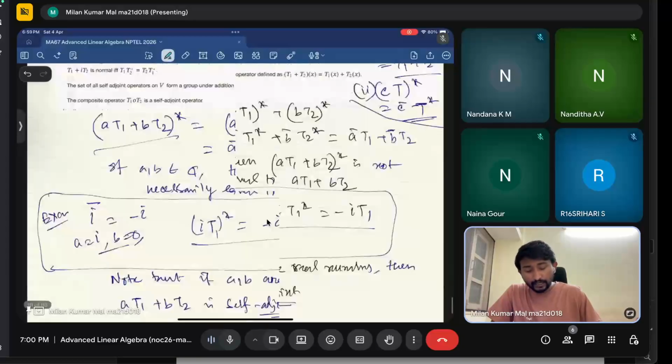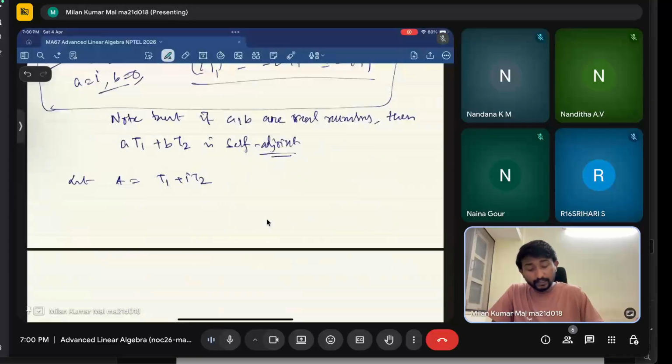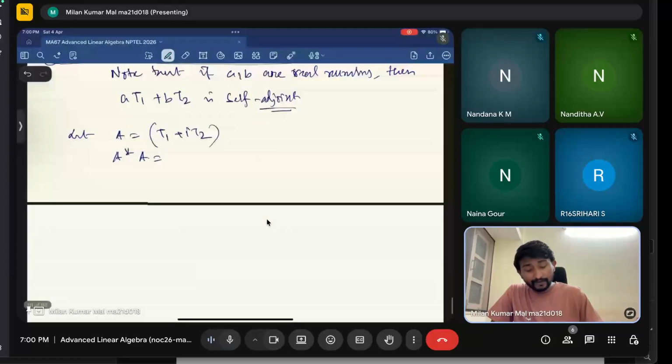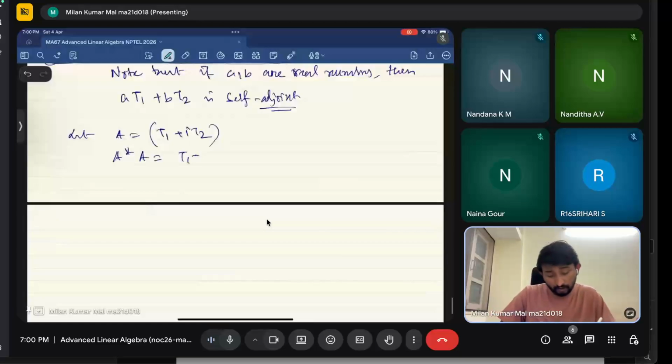So let's compute A star A, which equals the adjoint of T1 plus iT2, times T1 plus iT2. This can be written as T1 star plus i bar, and i bar is minus i, so minus i T2 star, whole times T1 plus iT2. But I am a little confused.